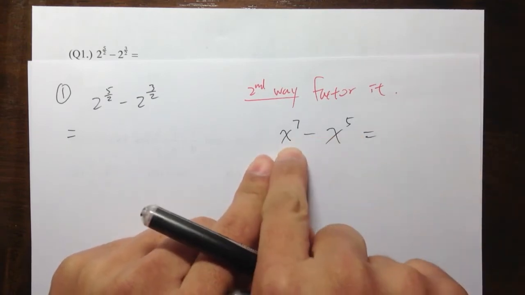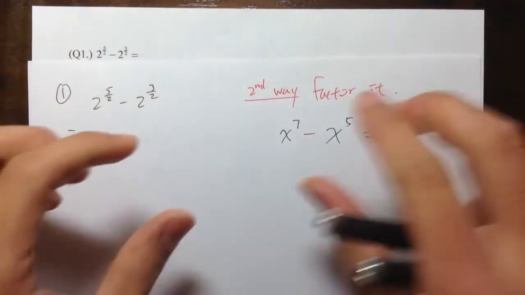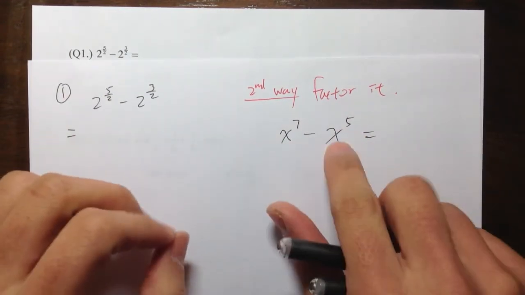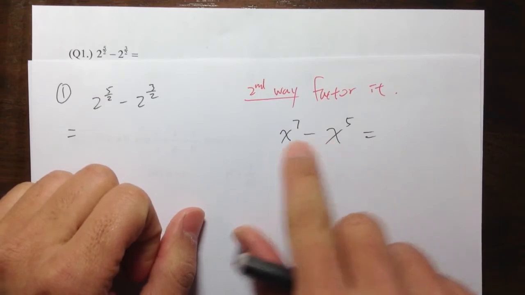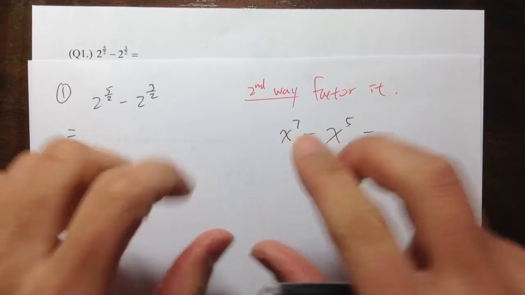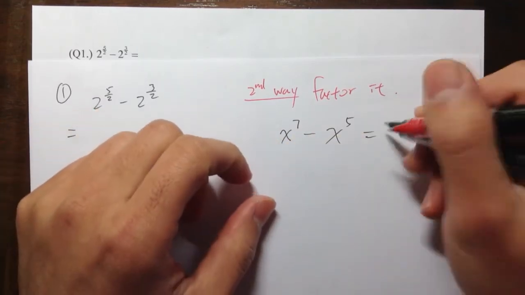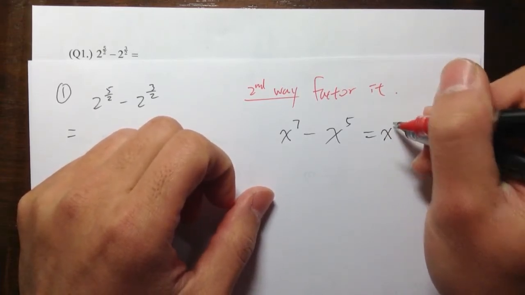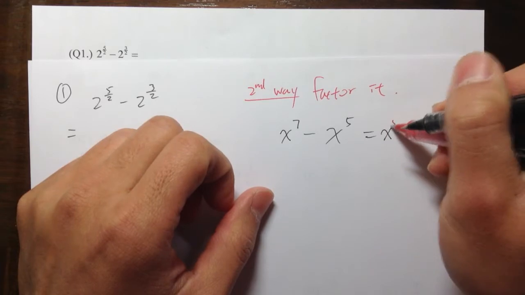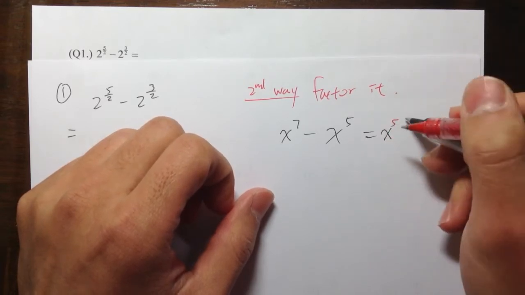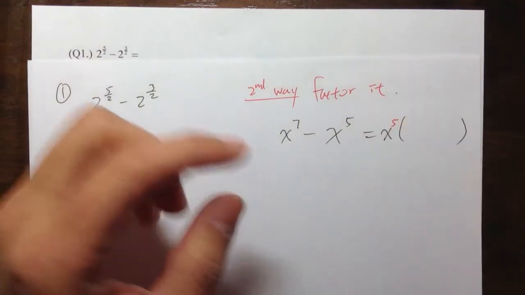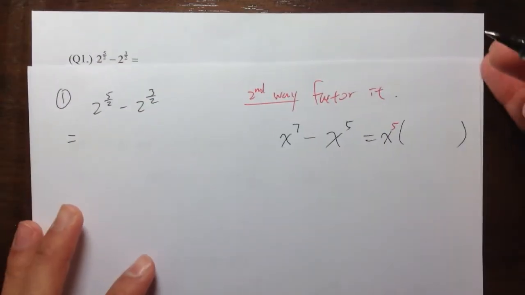Notice that x to the 7 means I have 7 of the x's multiplying together, and this means I have 5 of the x multiplying together. So the biggest common factor is x to the 5, right? So I can factor out x to the 5 power. Because they have x to the 5 in common. That's usually how people will say it.